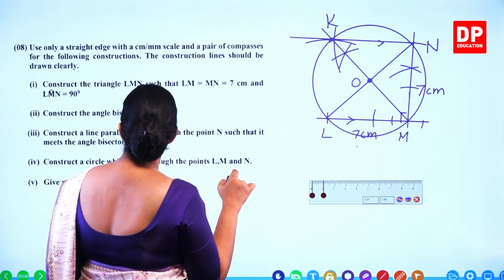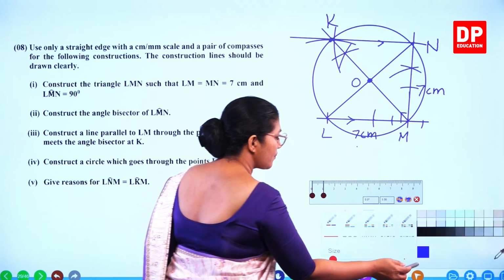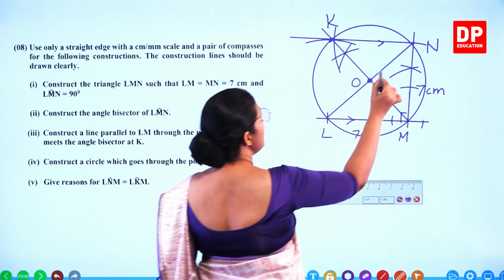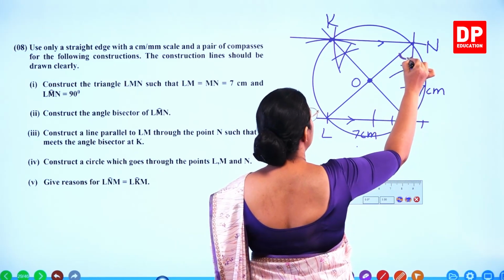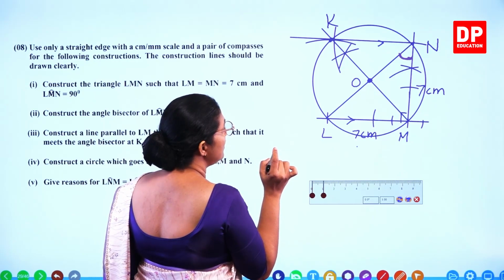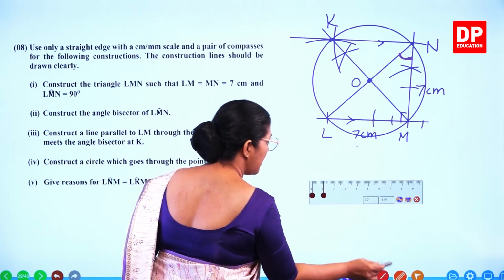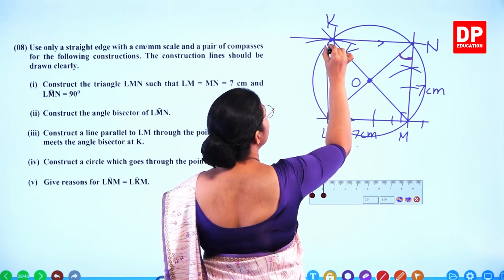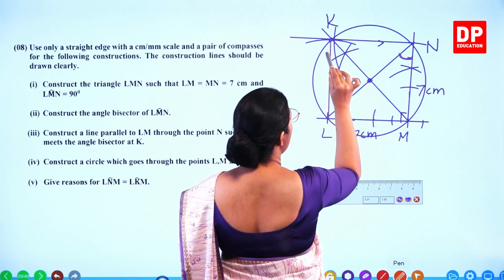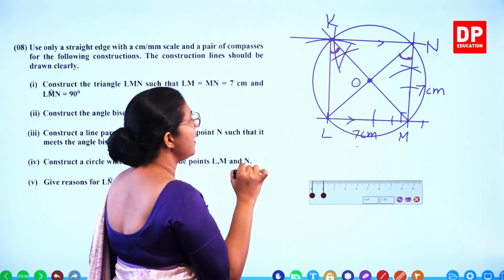And then give reasons for angle LNM equals angle LKM. So let's connect this first. LKM, this angle. Why are these two equal?